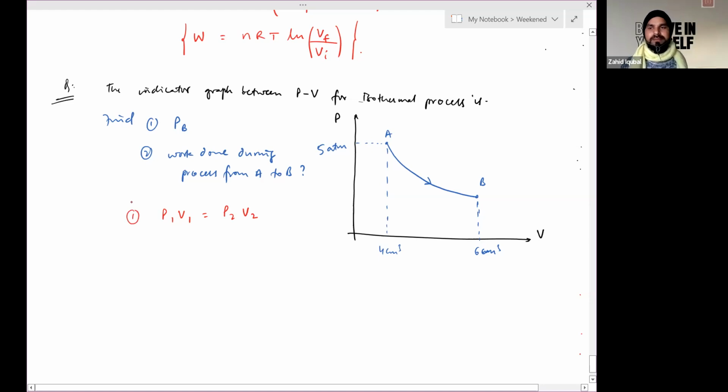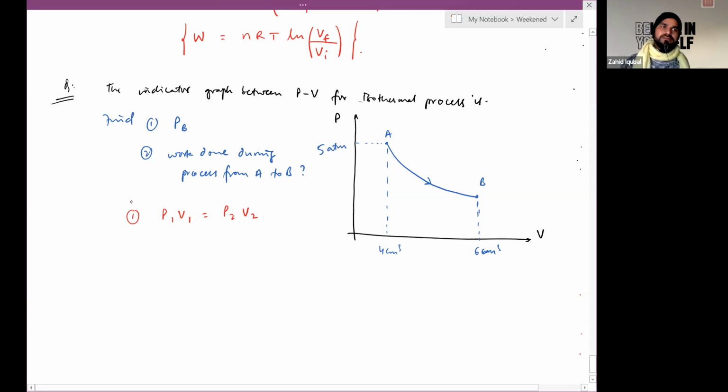Try to find this. Just one minute. Convert this to 8 centimeter cube.